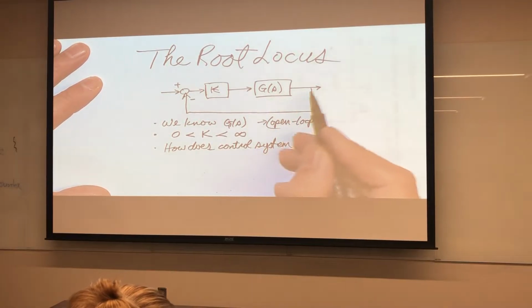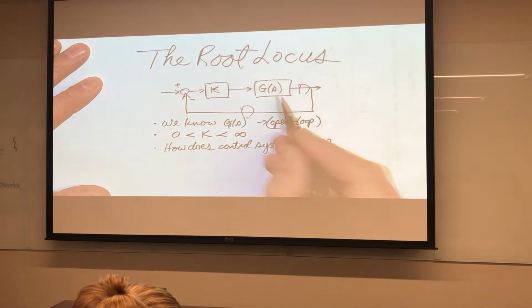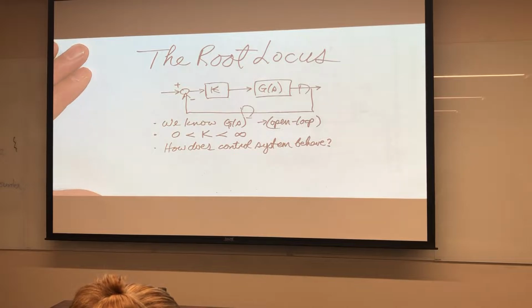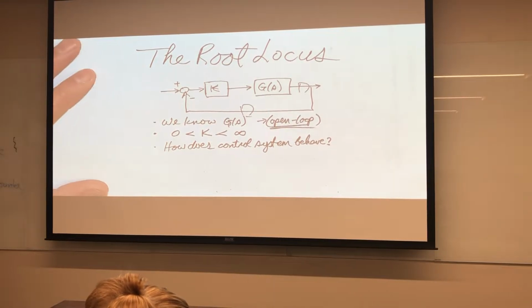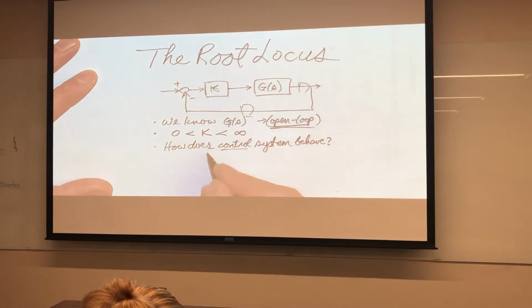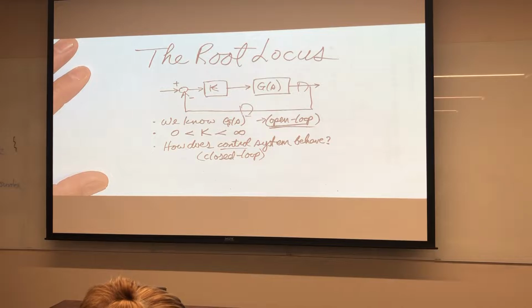If we had some other boxes in the system, say we had something here or here, we would know all those things also. We call that the open loop. So the question is, how does the control system behave? And the control system is a closed loop question. How does it behave in closed loop?